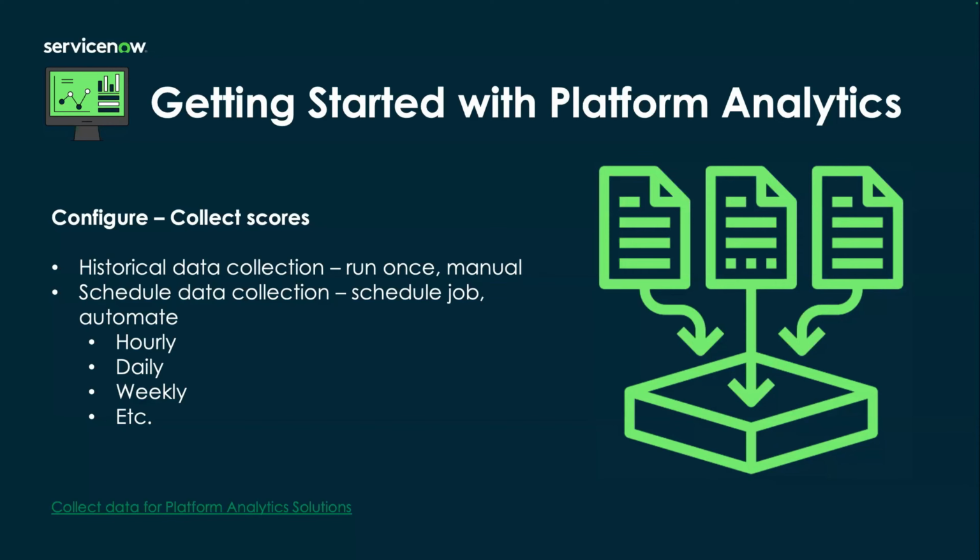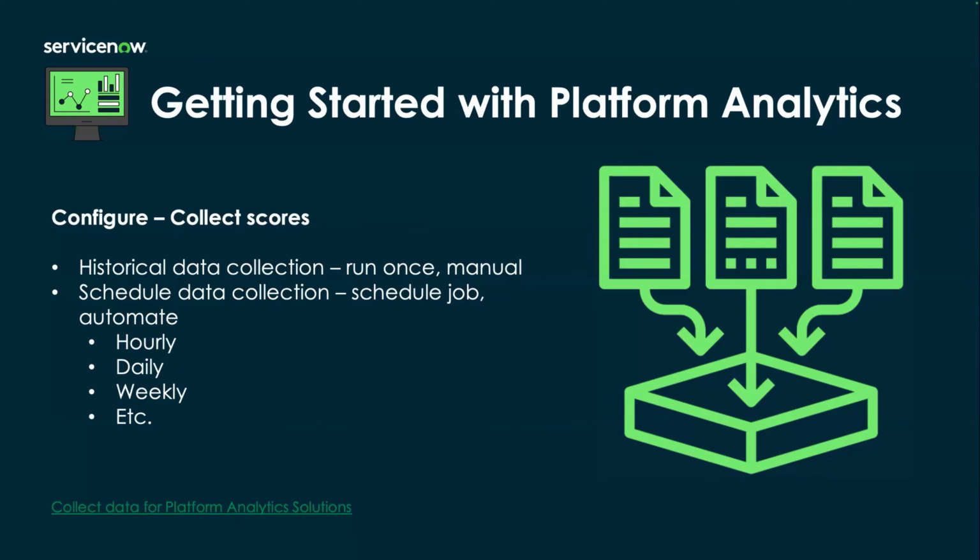There was a couple that were similar to this, so I'd want to answer this live as well. Just identifying what artifacts like dashboards and indicators are out of the box and new for platform analytics. That is really driven by the application that the content is created for. So, for example, if you have CSM Pro, you would go to the CSM documentation in the doc site to find the analytics content that's available for it. There is one page that does give you a central view, but unfortunately it's not updated on a very timely basis.